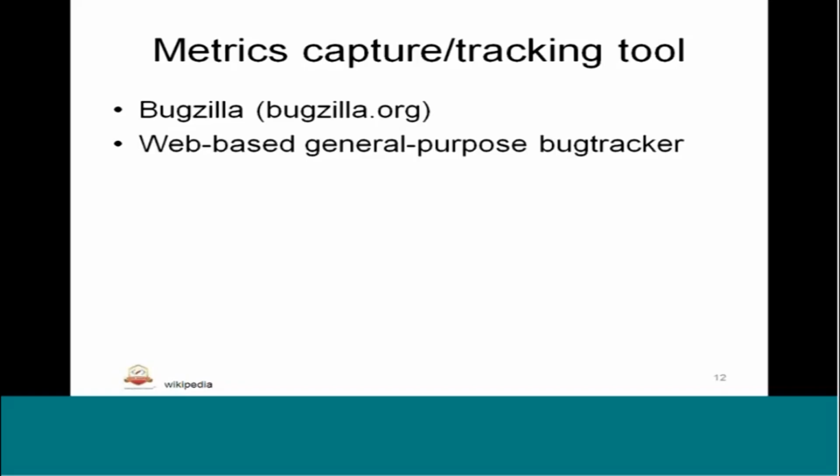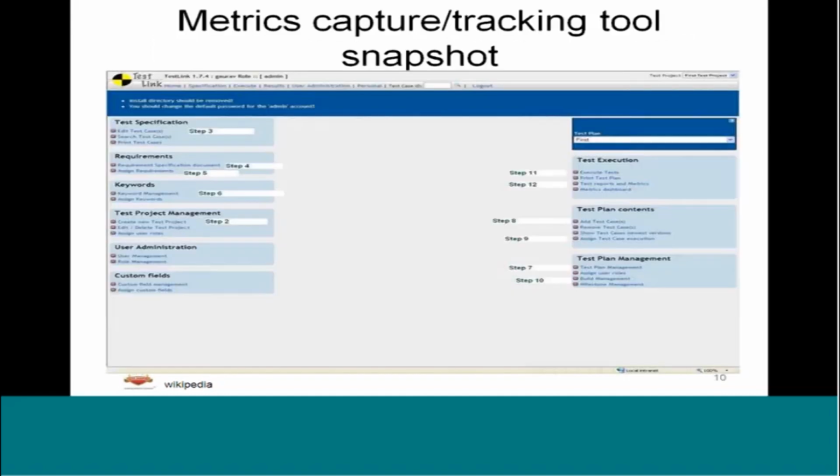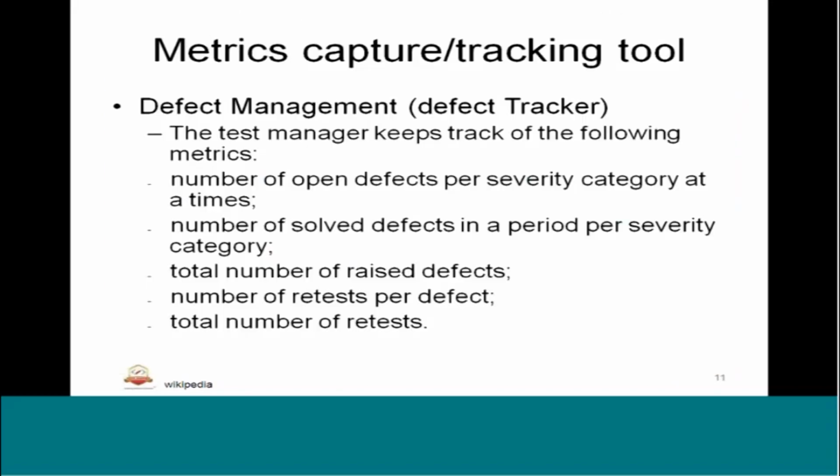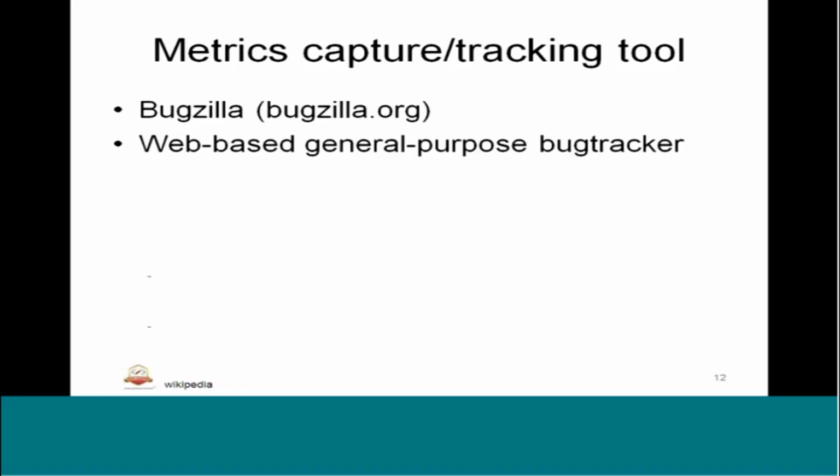This is a web-based general purpose bug tracker where you use an HTML or web-based program to report, update and generate the bugs, and it has a server-client link and all that. With the help of that web-based application, the report will be generated to capture the metrics. So that is how Bugzilla is used. It is very similar to TestLink. So both can be used in conjunction to generate and report the testing metrics.